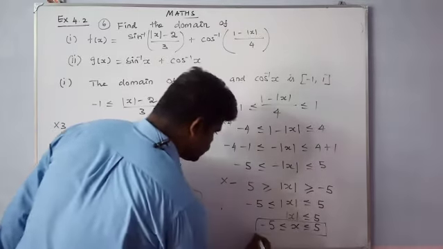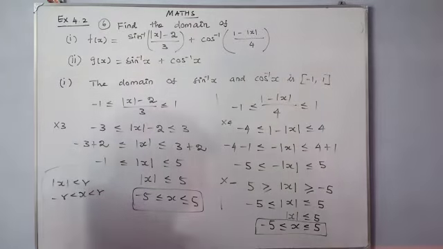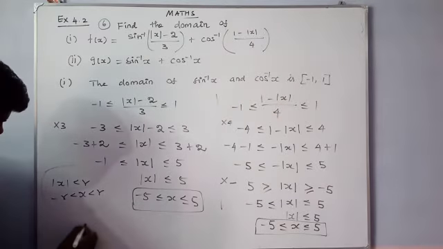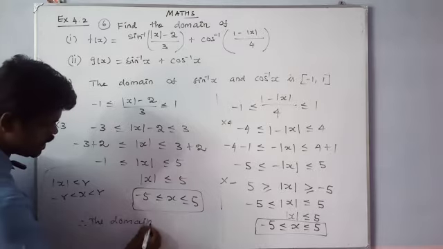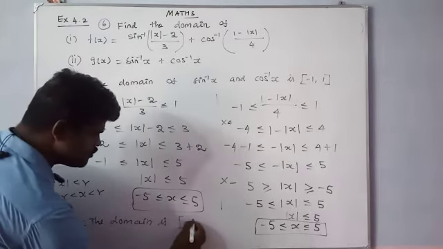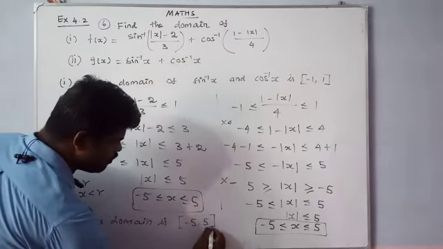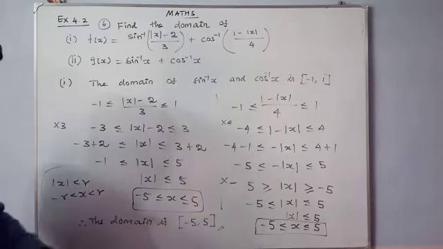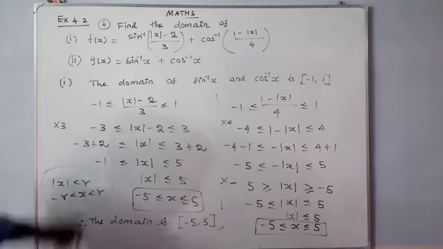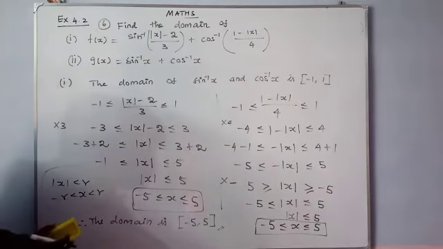So both functions have the same domain. Therefore the domain is minus 5 to plus 5. This is the domain of the first function, and we want to find the second one.